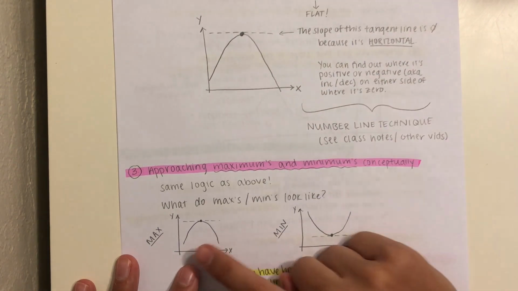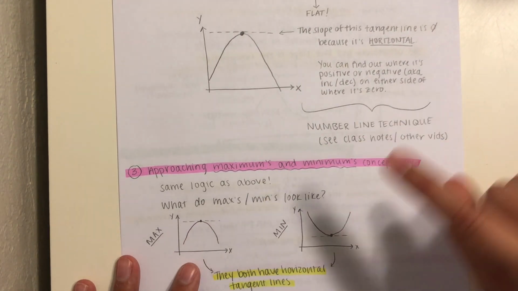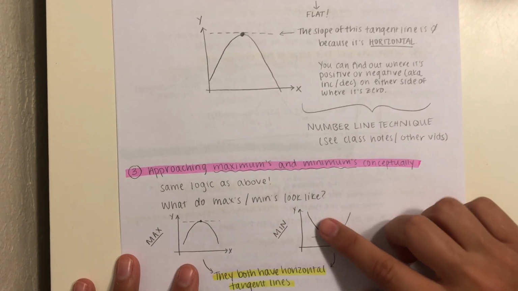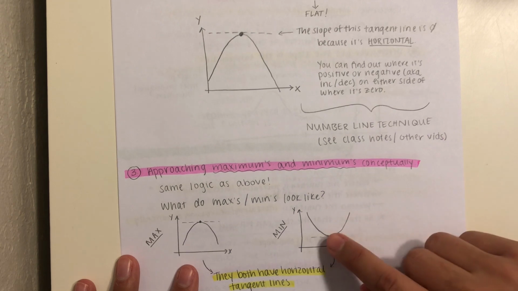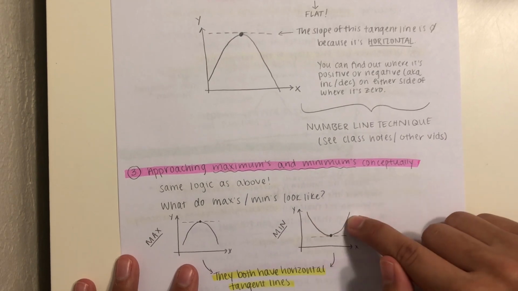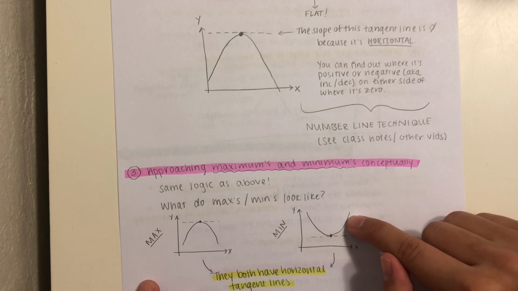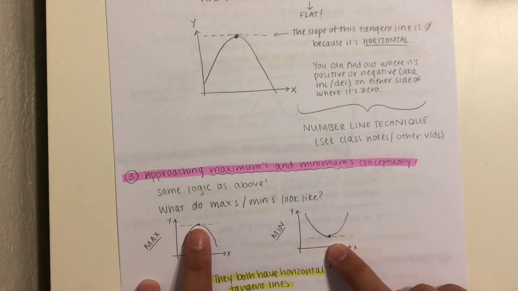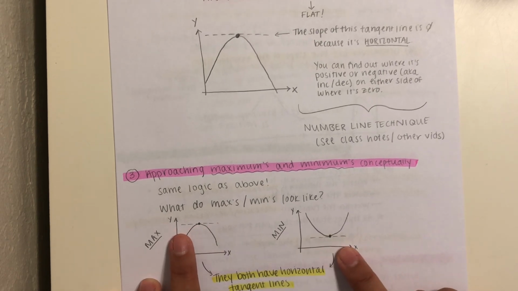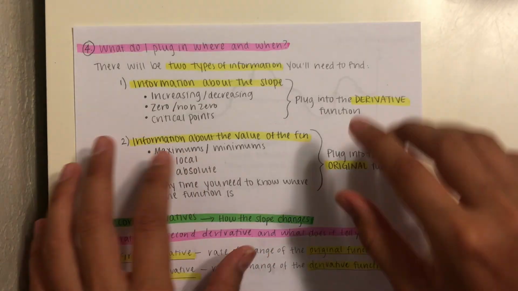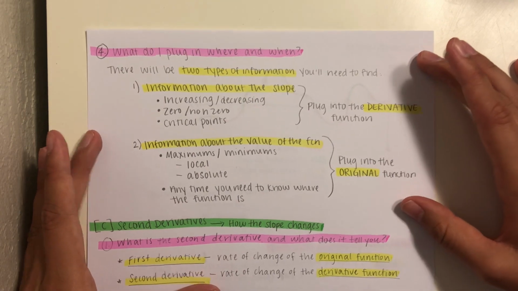And if it's going from increasing to decreasing, you know that at some point there's a maximum value, because it'll look like a little hump. And if it's going from decreasing to increasing, you're going to find a minimum, because it's going to look like a bowl. So again, these both had horizontal tangent lines that had a slope of 0, and you looked at the behavior on either side of it.